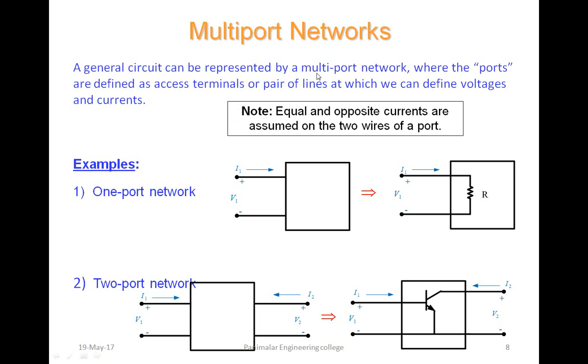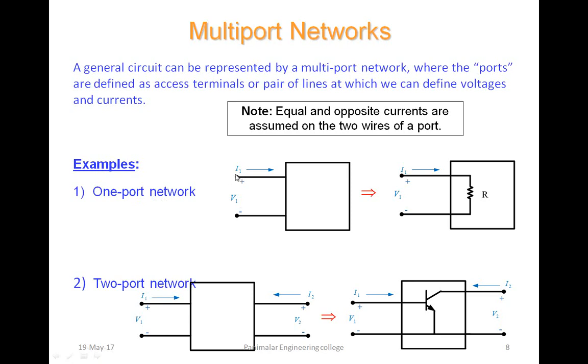In general, in a multi-port network the ports are defined as the access terminals or pairs of lines at which a defined voltage or current is obtained. The most important point to keep in mind while analyzing multi-port networks is that equal and opposite currents are assumed on the two wires of a port. For example, if a network has only one port, the other end is not connected to a terminal.